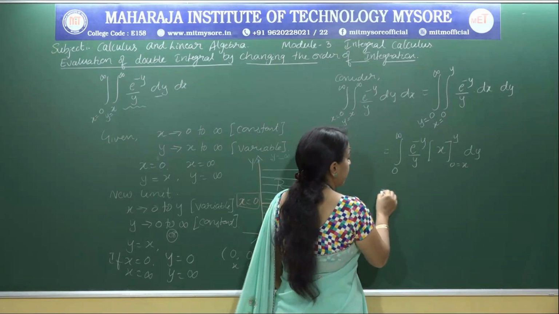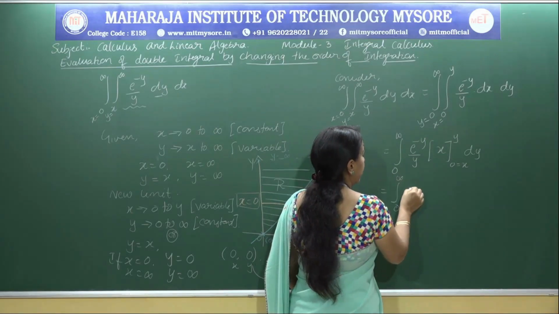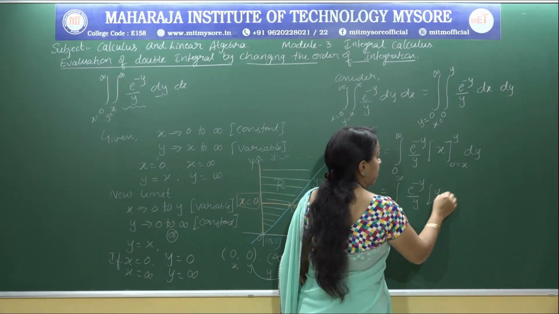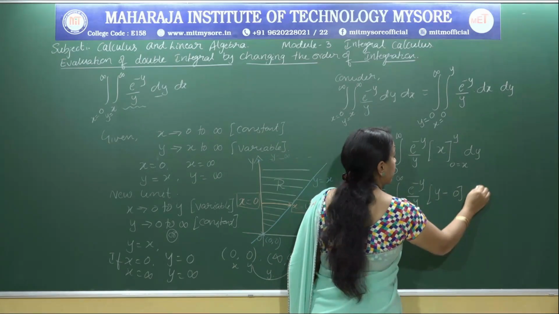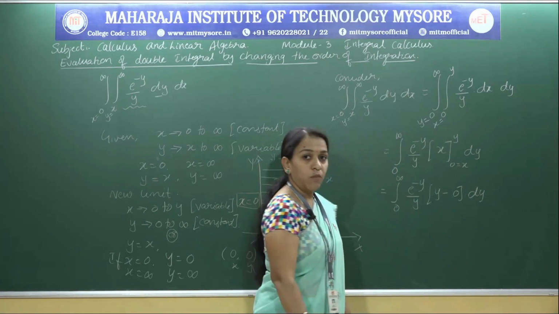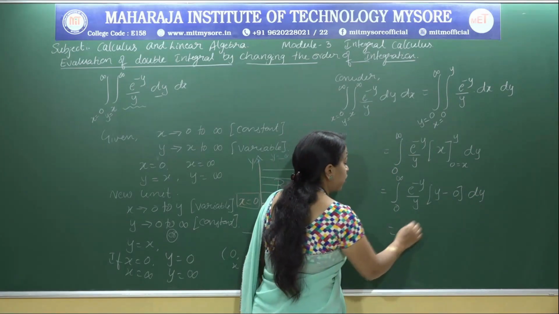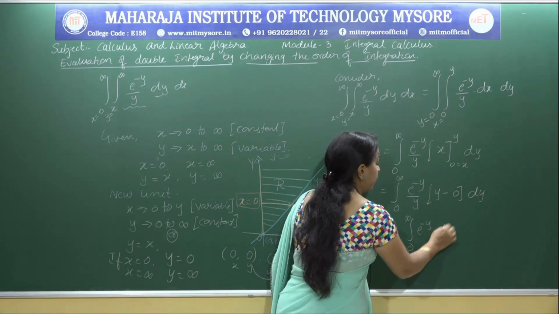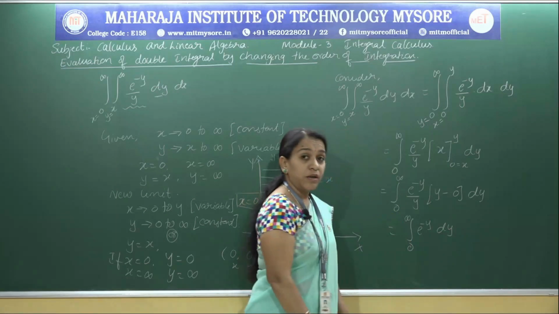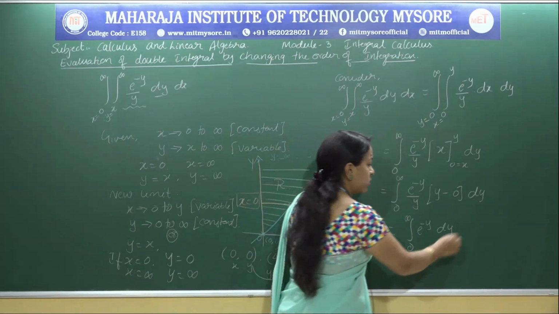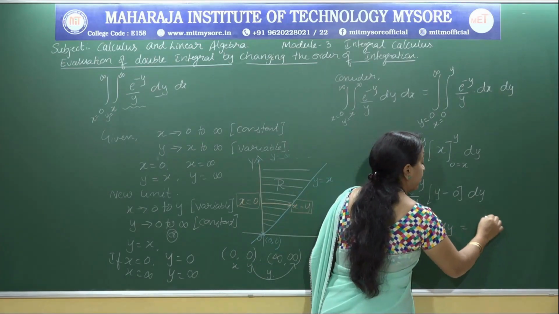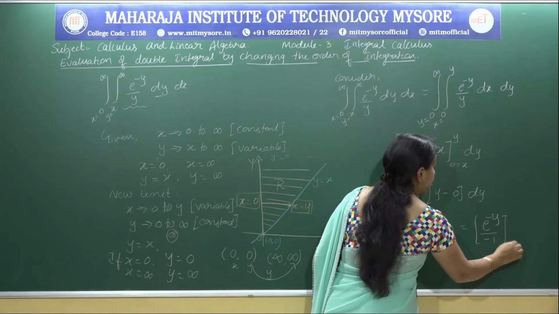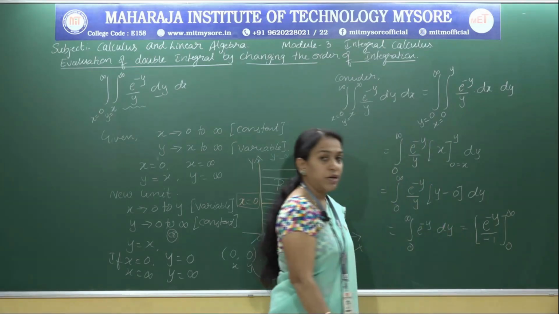Apply the limit: the integral from 0 to infinity of e power minus y by y, upper limit y minus lower limit 0, dy. So, I can cancel y, and we are left with only the integral from 0 to infinity of e power minus y dy. Now, I can easily integrate e power minus y; the integral of e power minus y is e power minus y by minus 1, between the limits 0 to infinity.